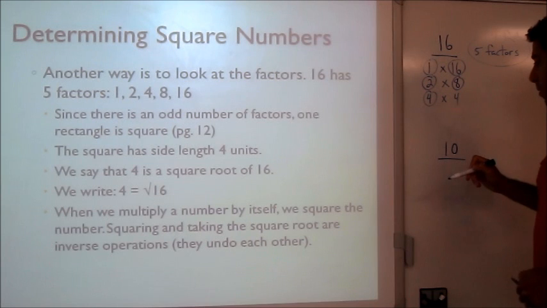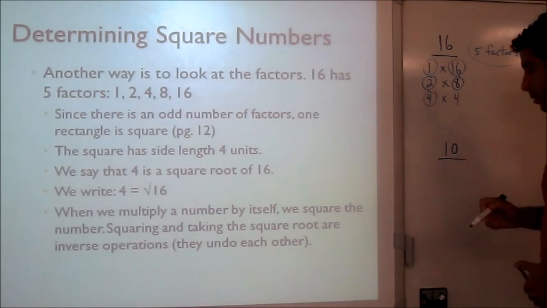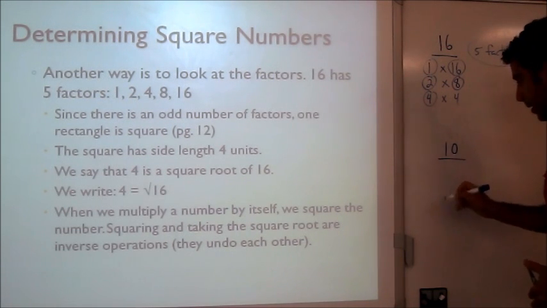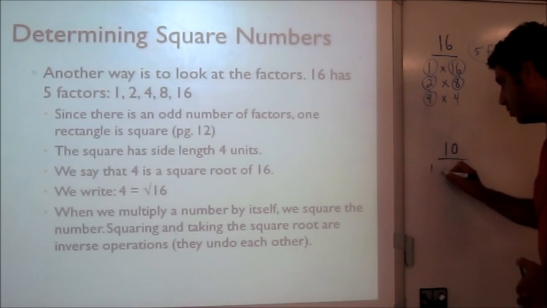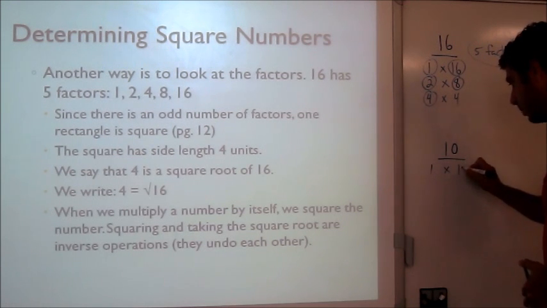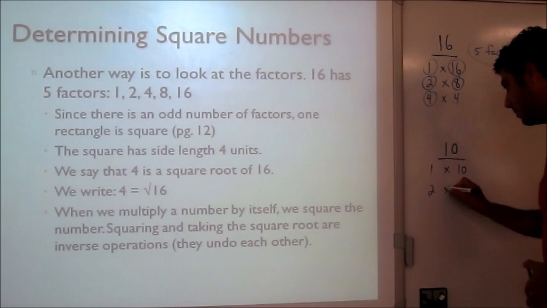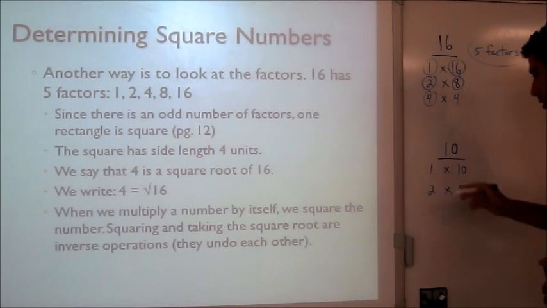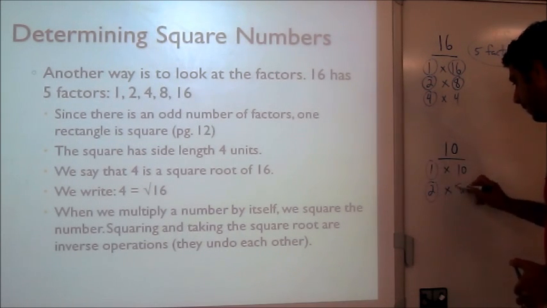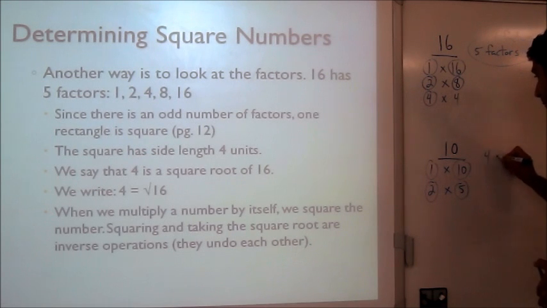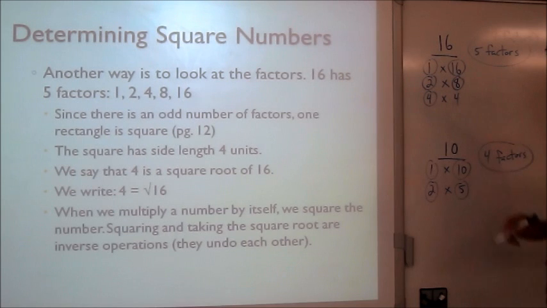Okay? Take the number 10, for example. Number 10 is not a square number, but let's list the factors anyways, just to prove it. 1 times 10 and 2 times 5. Okay? So we have the numbers 1, 2, 5, and 10. That is 4 factors. Okay?